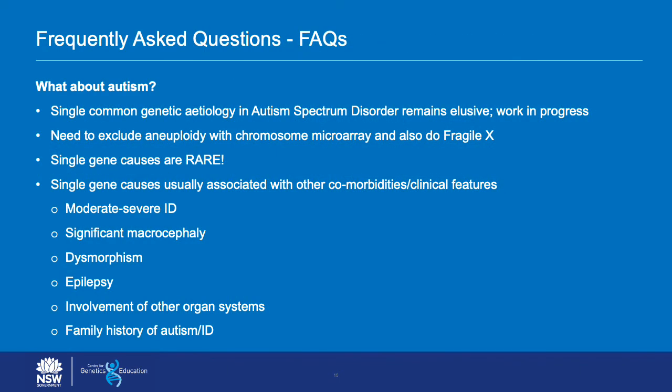Frequently asked questions. What about autism? Single common genetic etiologies in autism spectrum disorder remain rare and a work in progress. It's important to exclude aneuploidy with chromosome microarray and also do Fragile X DNA testing. Single gene causes are rare.